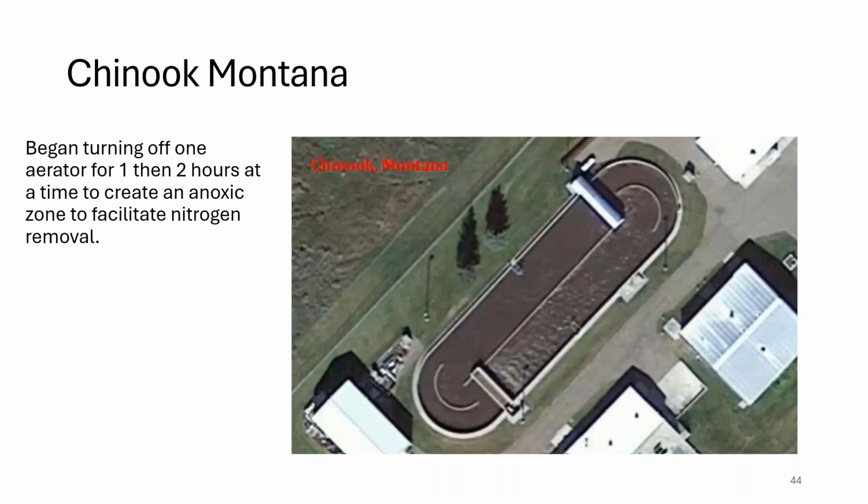And you can see right now here on the bottom of this image, one of the aerators is on, and the one on the top of that image is obviously off. You can see that it's not creating any turbulence there.